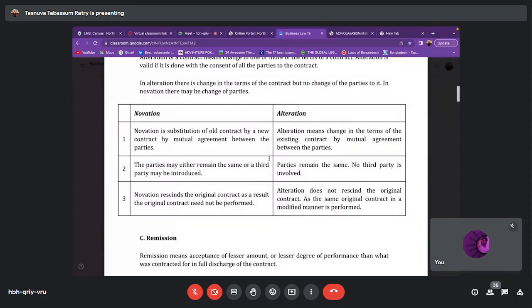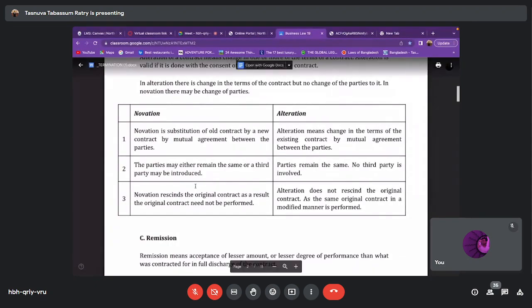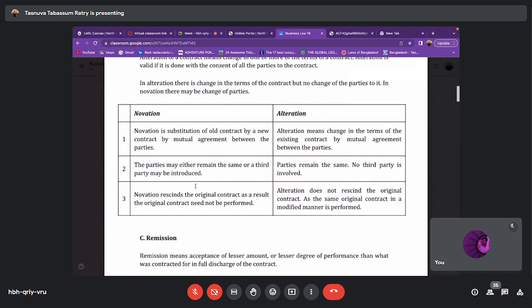Substitution means that a contract has been substituted by a newer contract. Then what will happen to the old contract? The old contract will be rescinded, terminated. However, in alteration, it does not rescind the original contract. It is the same original contract with a modified version that needs to be performed between the parties.